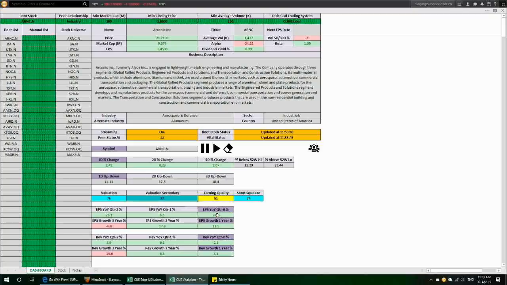Valuation is good. From the snapshot, we can also see the earnings growth in the last 3 quarters positive, last 2 years also positive. Revenue growth last 3 quarters also positive. Revenue growth last 2 years also positive. So this stock has respectable growth, good valuation. It's in the aerospace and defense industry.